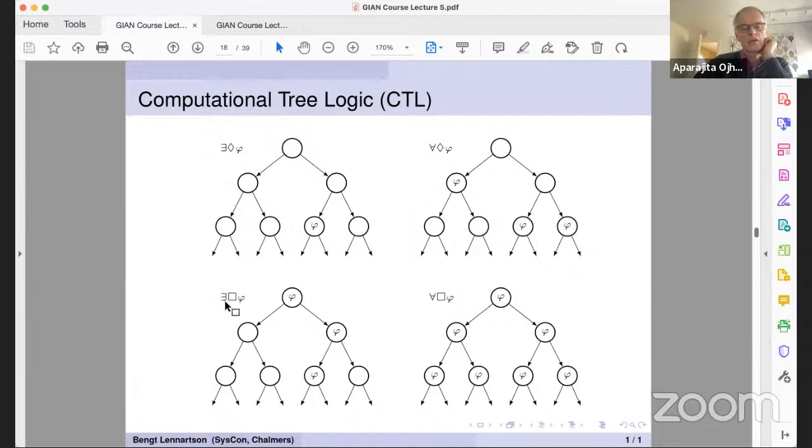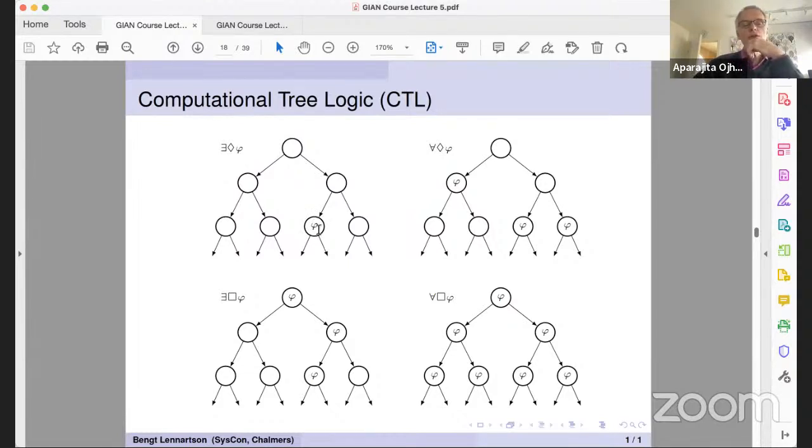Here we have existence of always phi. That means that there should at least exist one sequence where you have phi. And existence of eventually phi means that it's enough that you have one sequence where sooner or later you get phi.